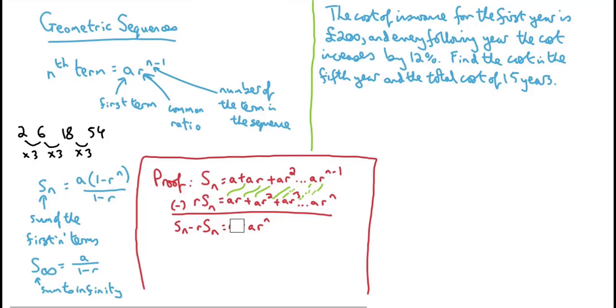So that should be a minus. So Sn minus rSn equals a minus ar to the power of n.